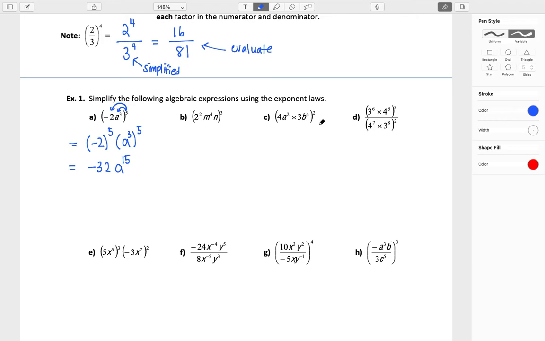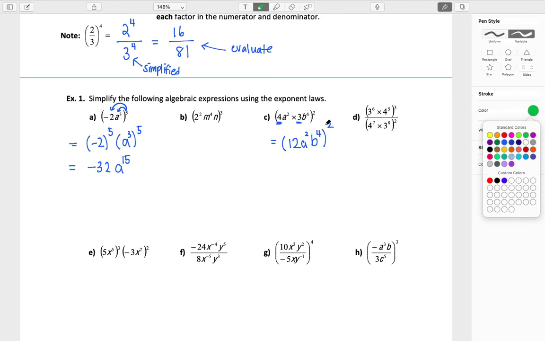Now, what about letter C? For letter C, what you can do is simplify inside the bracket first. So we have 4 and 3 as coefficients, and we're multiplying. So I would multiply these two first, which is 4 times 3 is 12. And then A stays the same because there's no same base, and B to the 4 stays the same, and squared.